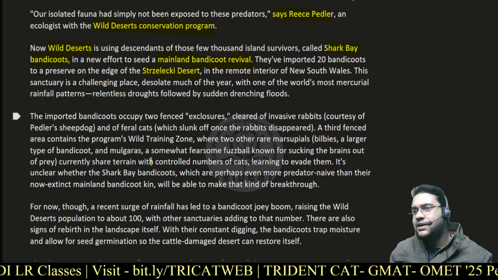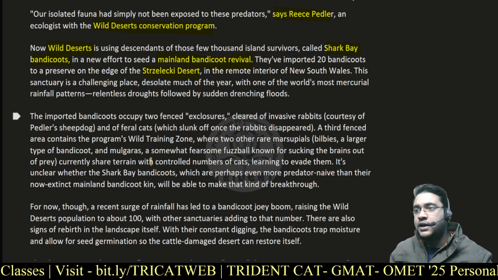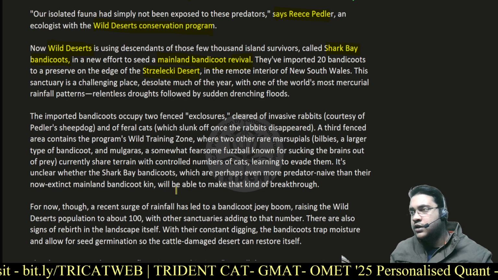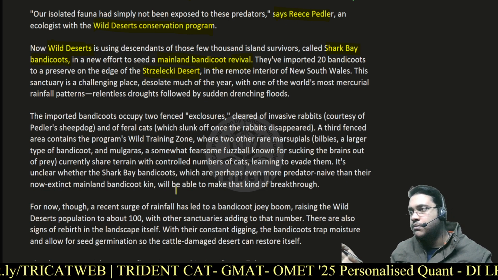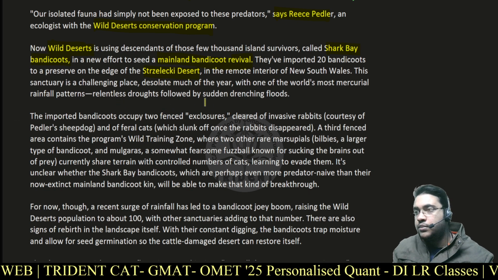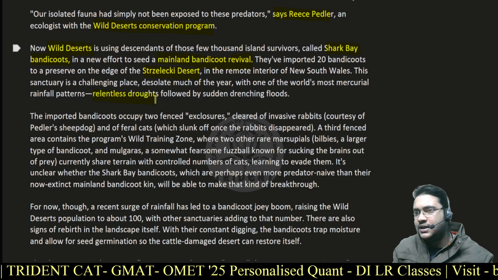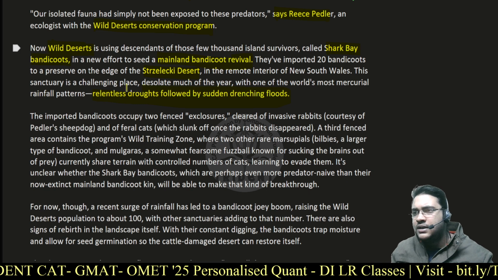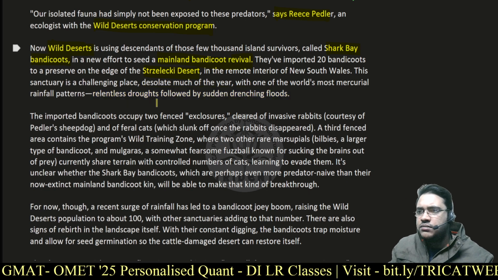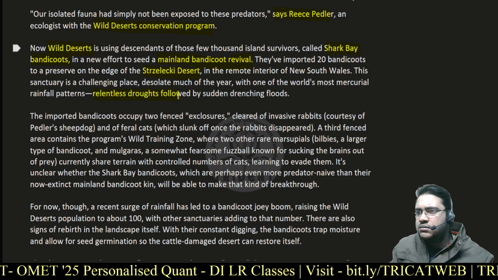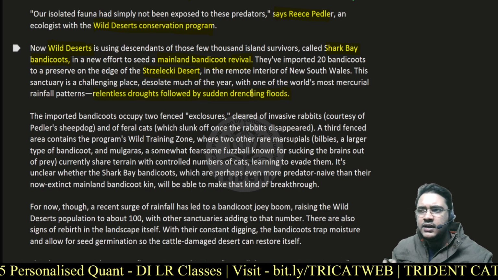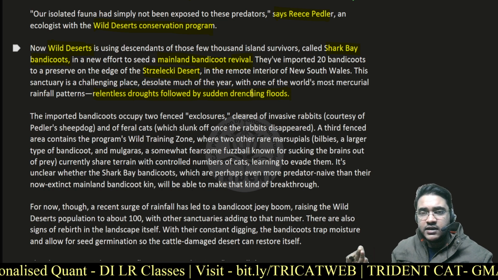This sanctuary is a challenging place, desolate much of the year. Desolate is a good word. With one of the world's most mercurial rainfall patterns, relentless droughts followed by sudden drenching floods. I think they are saying, I read it somewhere over there, that the bandicoots basically give birth when it is a rainy season, something like that.